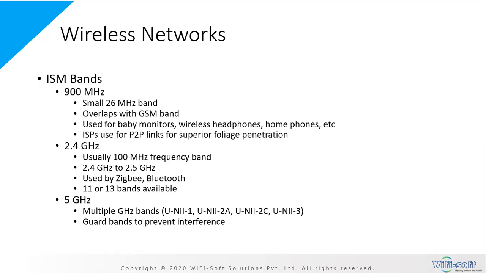But a lot of pressure built on the governments, and then they opened up more bands. So now, because there is a range of frequencies available, we are in the 5 to 6 gigahertz range. That's why we call it the 5 gigahertz band. As many of you might know, FCC has recently even allowed the 6 gigahertz band for Wi-Fi.